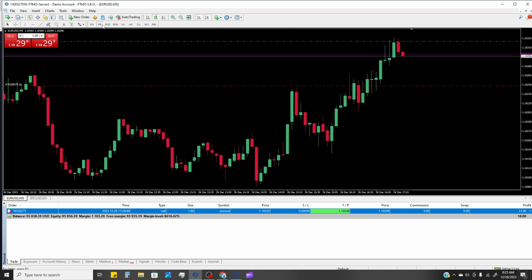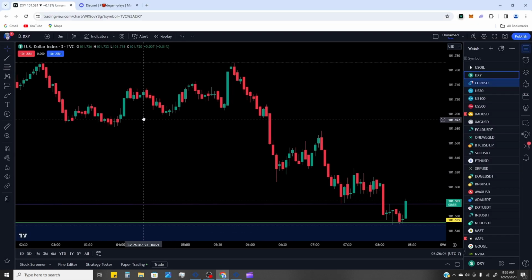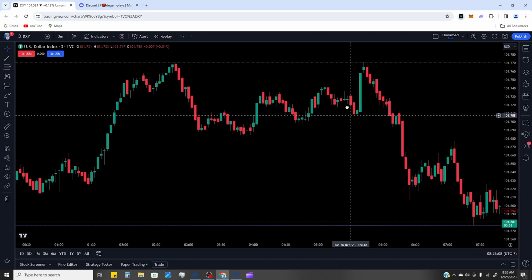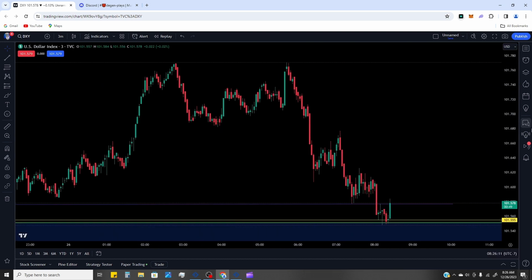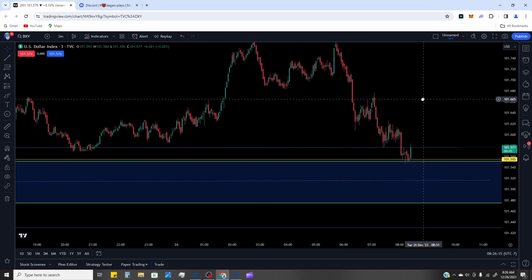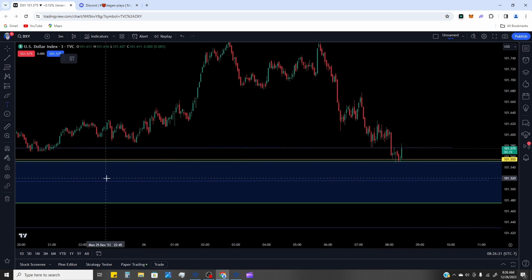Technically, we play the Dixie, we play the dollar, we play the DXY, and we enter our trades on the euro. That's what we're doing in our world here. We're taking the pump off of 101.555, but we're shorting the euro in tandem with the DXY.